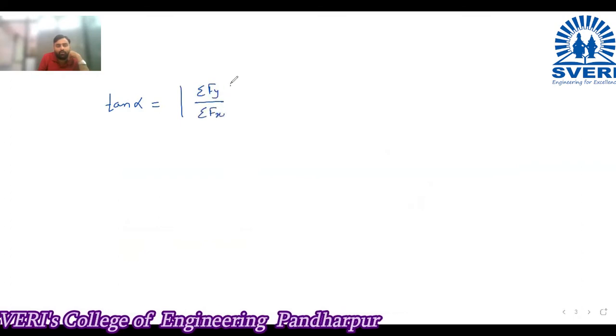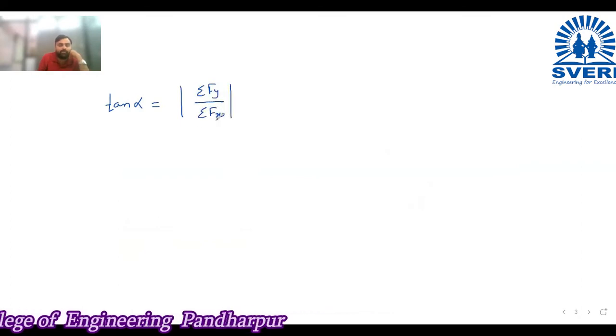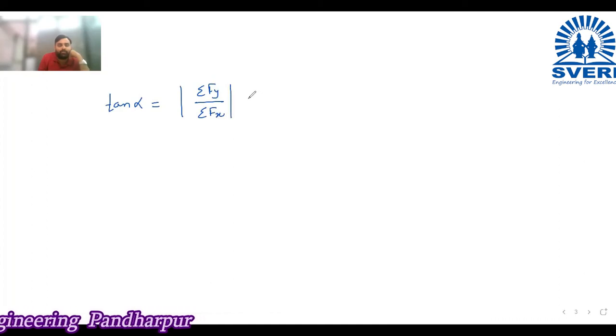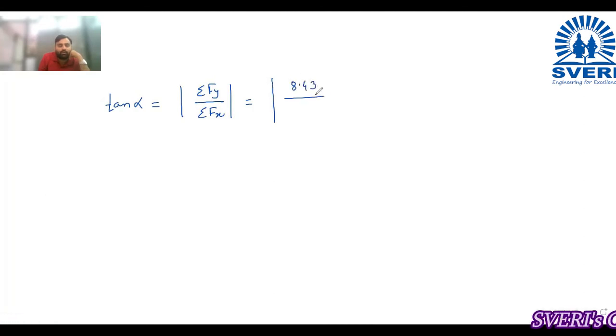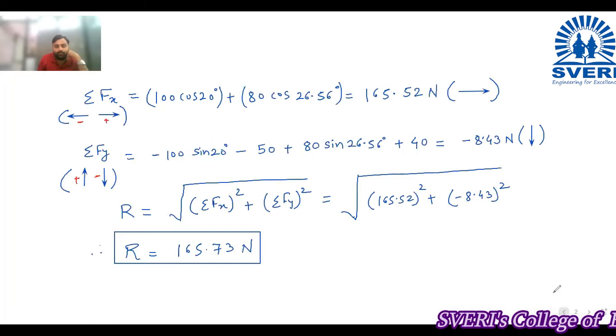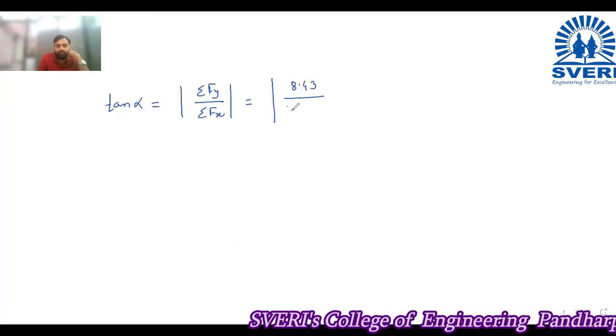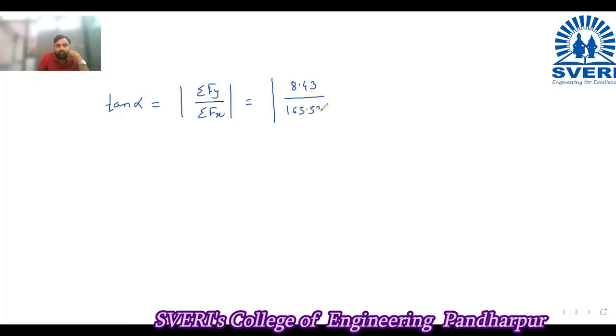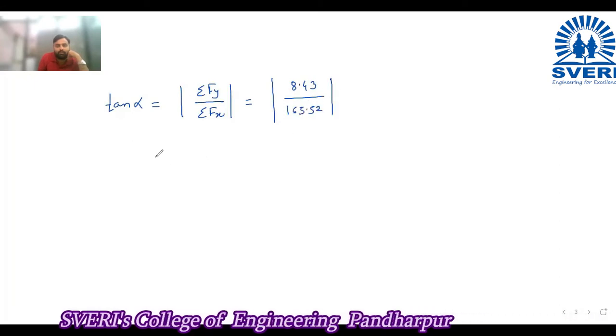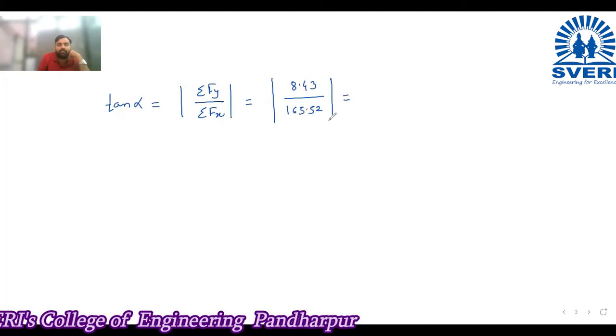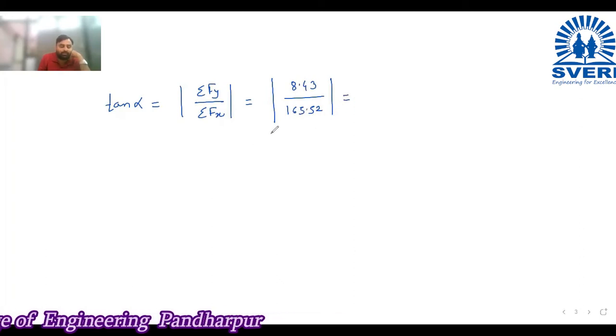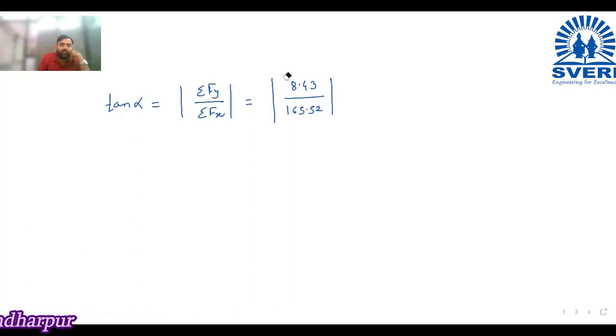In mod we always take all values as positive. So it is 8.43 divided by 165.52. What is the answer of this? Or directly calculate the value of alpha using tan inverse.